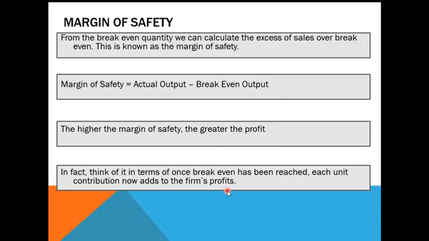In other words, how much have we sold away from our break-even point? Margin of safety simply means the actual output, what the business is selling presently, minus break-even output.